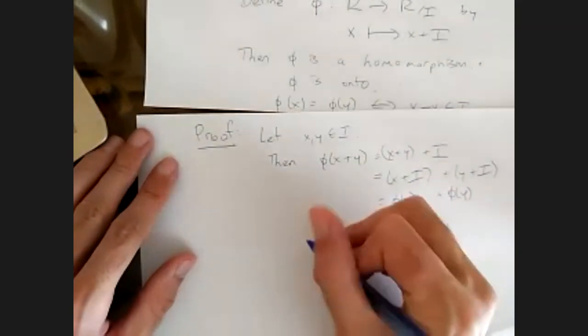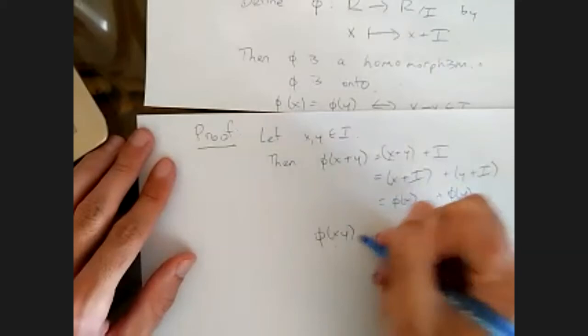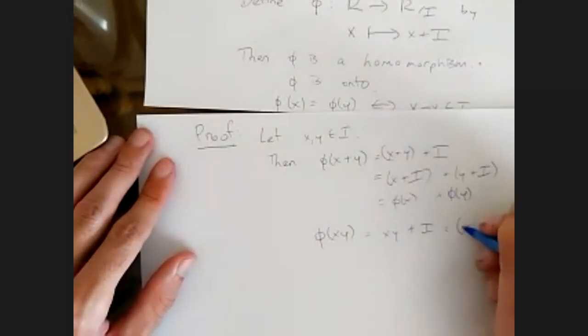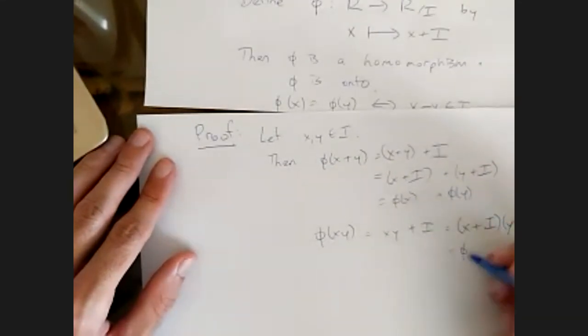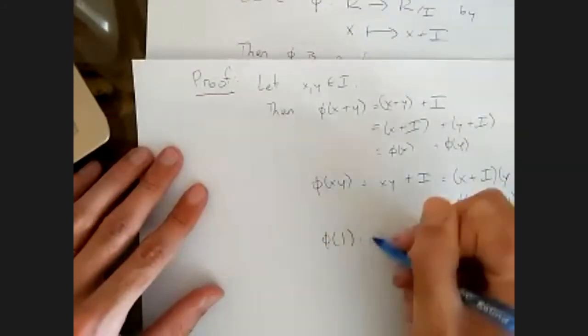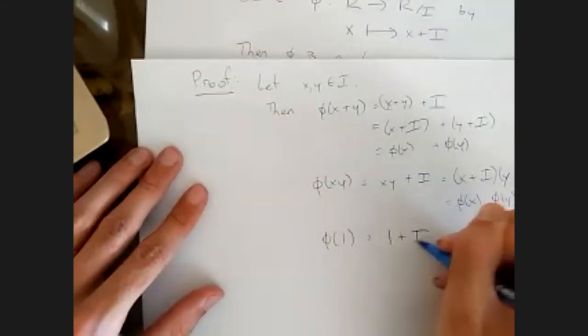Okay, what about phi of xy? Well, it's just the coset of xy, and then we saw that that's just the coset of x times the coset of y. That's just phi of x times phi of y. And then what is phi of 1? Well, that's just the coset of 1.